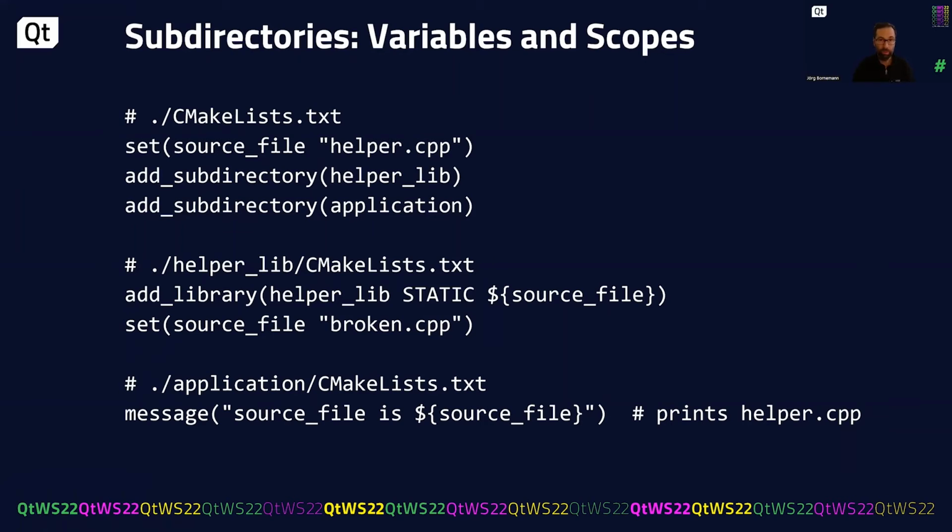These variables are visible there, but changes to those variables in child subdirectories, like we do here, we set source file within the helper lib subdirectory to the value broken.cpp. Those changes here are local to this subdirectory and all its children. Changes to this variable are not visible to the parent and not visible to any siblings.